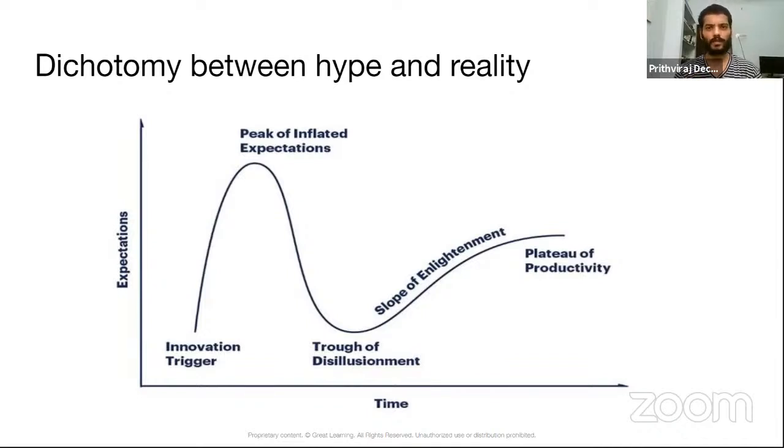But eventually, the technology matures, and people figure out ways to use it in a very realistic way and build products that increase the overall productivity of humans. This is something that even AI is kind of going through. Depending on who you ask, different people might have different answers on where in this graph the current situation is with AI.